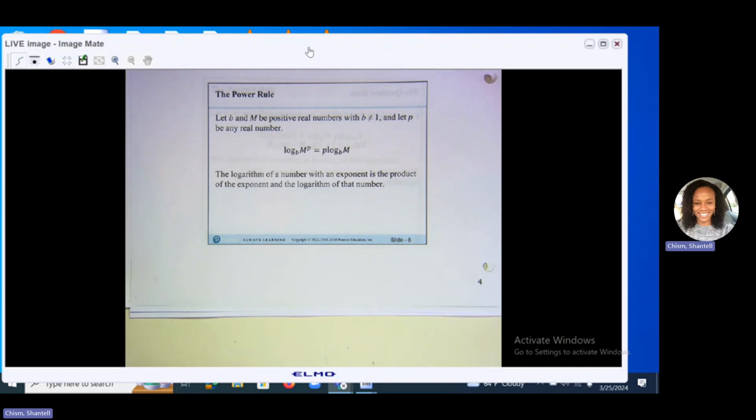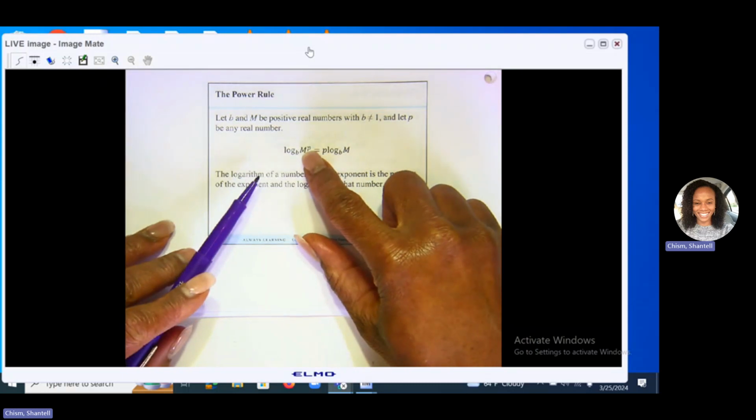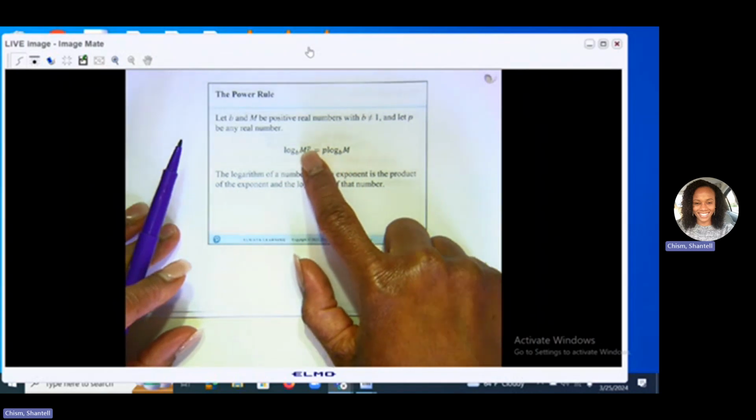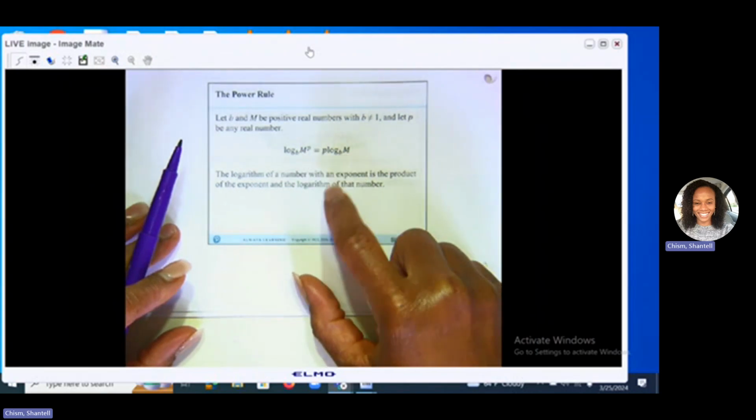You will see within a log, whatever the base is, the value that you're taking the log of will be raised to a power. So if we're trying to simplify or evaluate a log, we typically have to eliminate that power. And so what that means is we bring down that power. The log of a power, we express it as a product of that exponent times the logarithm of the number.